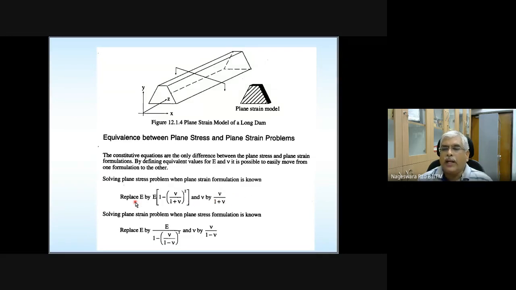Wherever E is there in the plane stress case, replace that E with this one. Wherever nu is there, which is nothing but Poisson's ratio, replace it with this one, then you are going to get the corresponding coupled differential equations for the plane strain case.